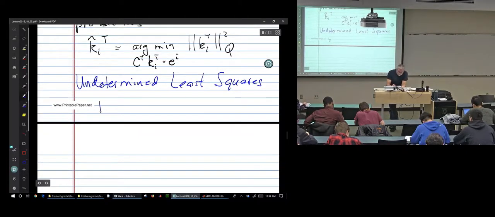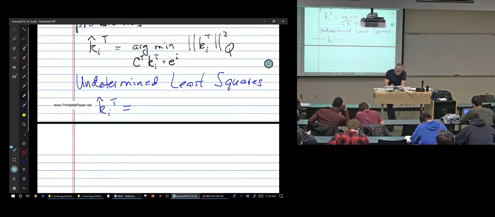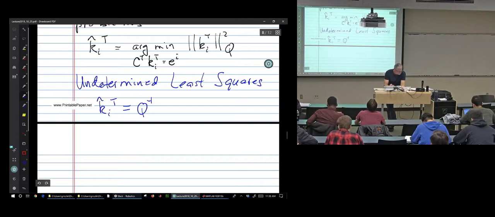And then we go back to the formulas, which we do with S equals Q inverse, and we get this.